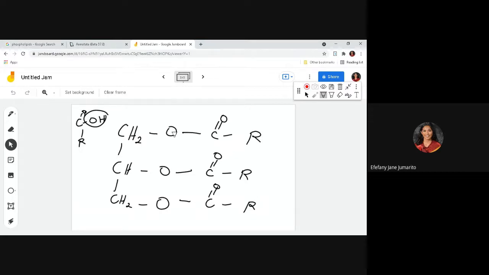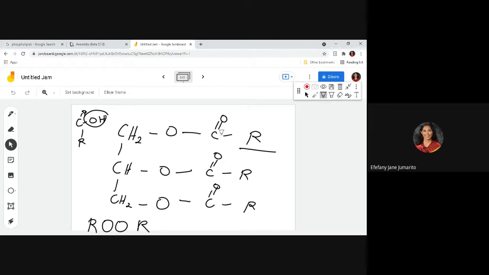Okay, so this linkage, because our ester linkage is R-O-O-R, right? We have an R group, and then you have your oxygen, and then you have your double bond O, and then you have your R group.